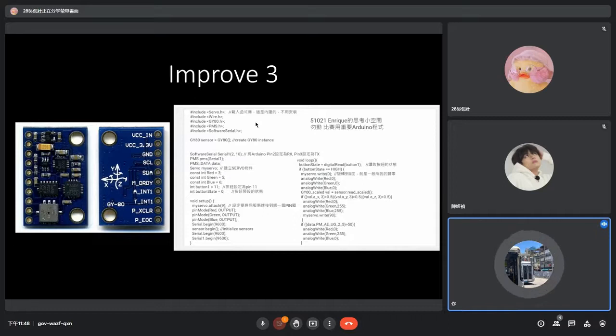It generated many bugs. Finally, we decided not to use GY80 and to simulate the earthquake signal in the form of a button. If time permits, we will refer to other types of sensors to help us realize the aforementioned ideas.